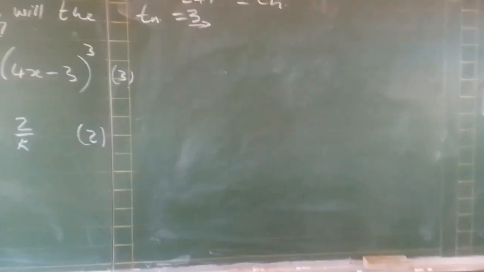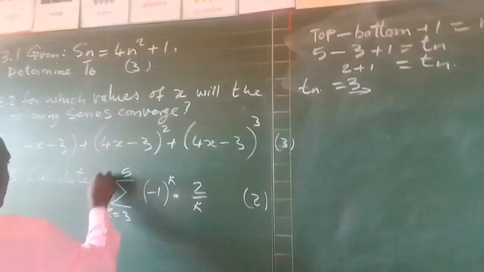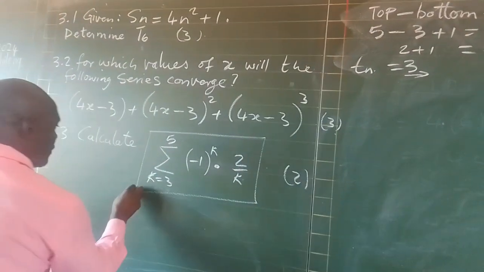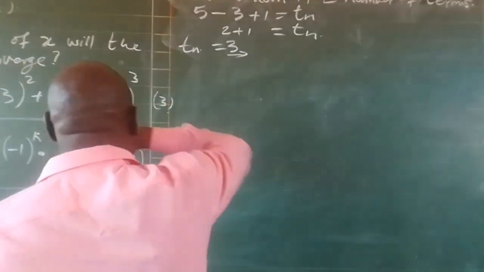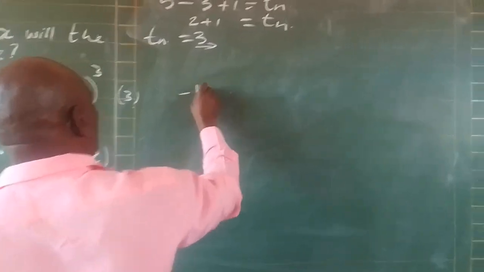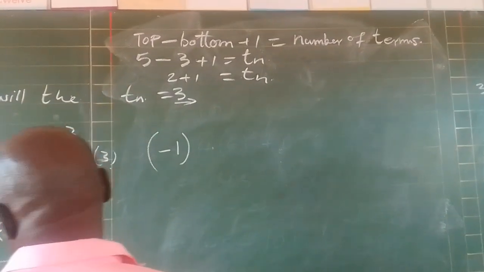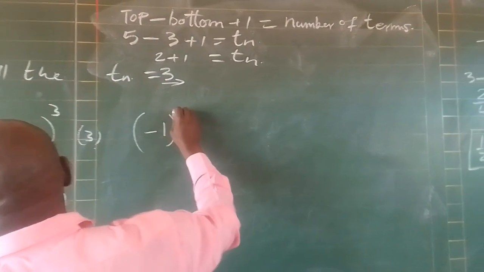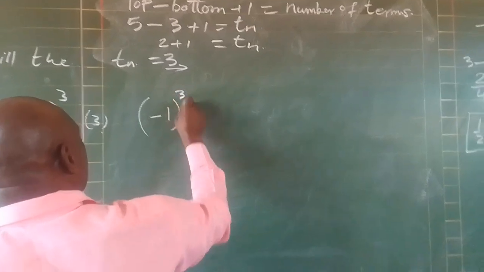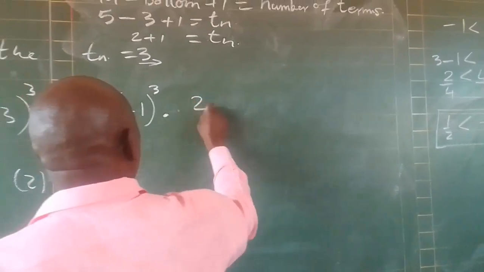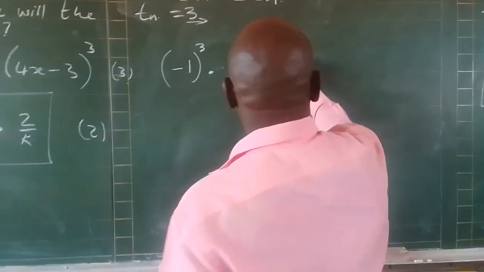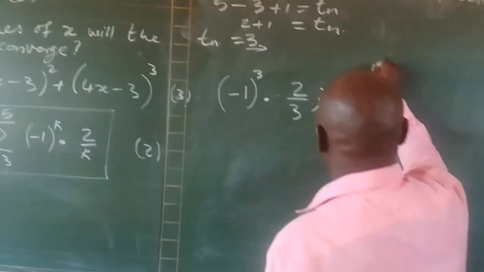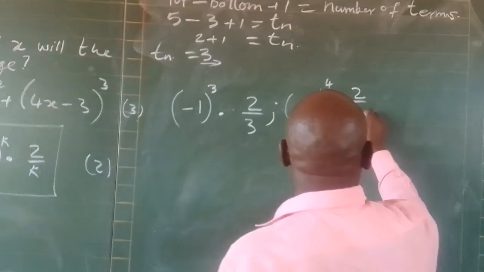You know that we must have 3 terms if we expand this. We're starting from minus 1 to the power k, where k starts from 3, multiplied by 2 over 3. You come to the second one: minus 1 to the power 4 multiplied by 2 over 4.